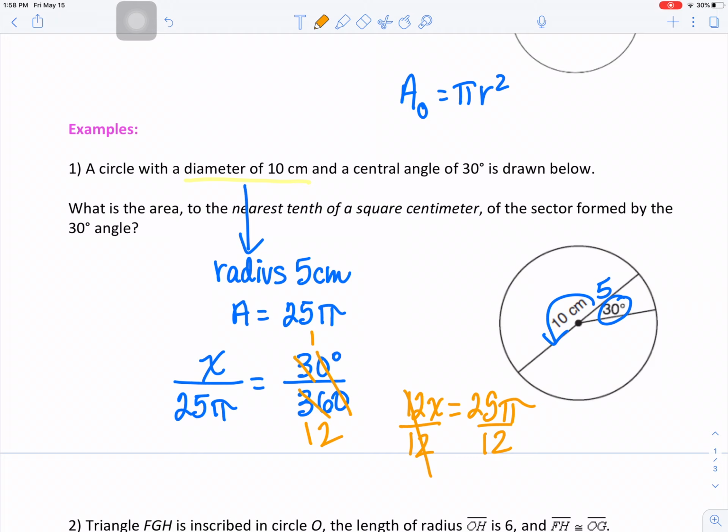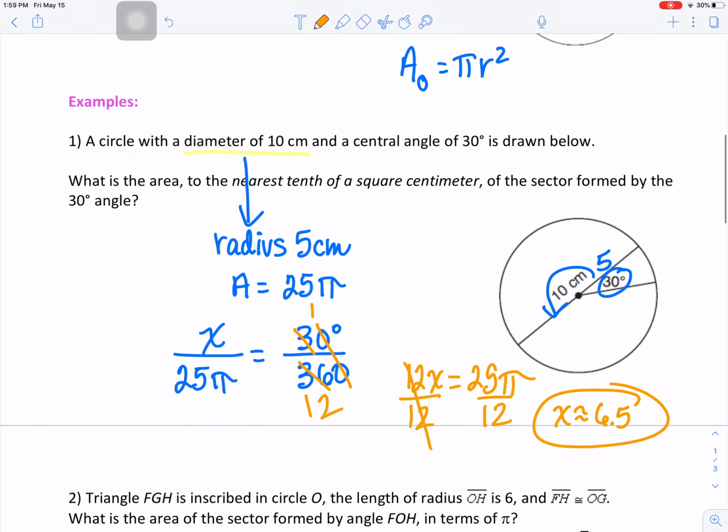I'm going to put this into my calculator: 25 pi divided by 12. And I get the section is approximately 6.5 to the nearest tenth. 6.54 is 6.5. So there we go, 6.5.